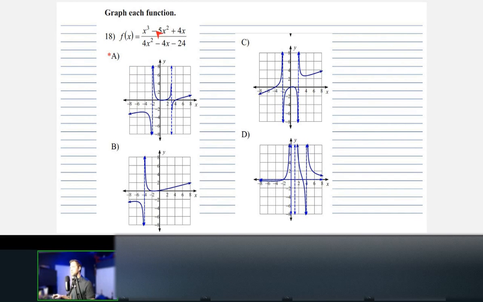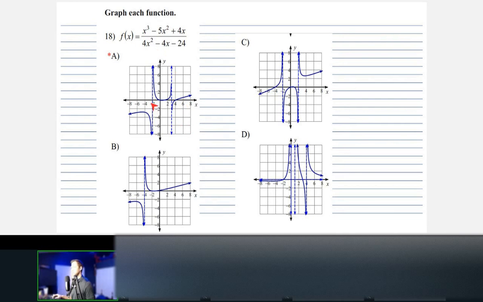We can also use different parts of this, looking at x cubed and x squared. This is one higher than this one. You should remember the top heavy, bottom heavy rules, which tell you a bunch of things, right? Because it's one power higher, this tells us there's a slant asymptote.